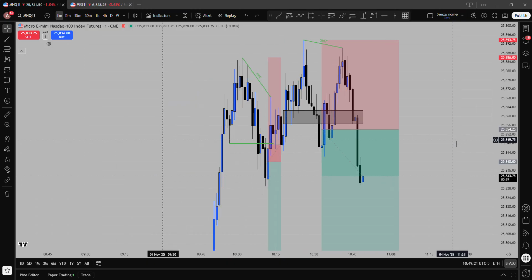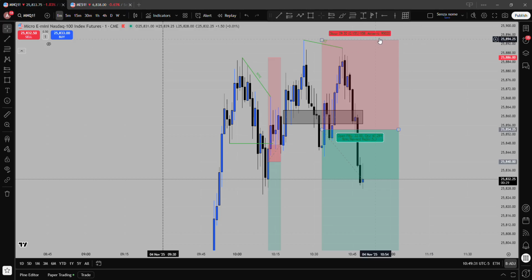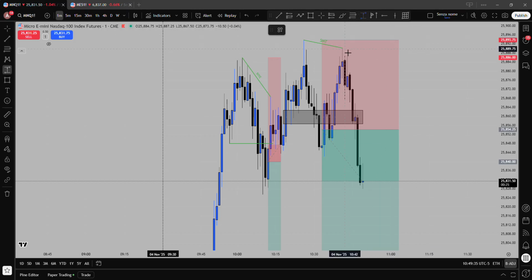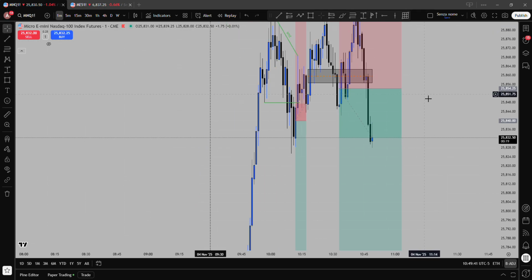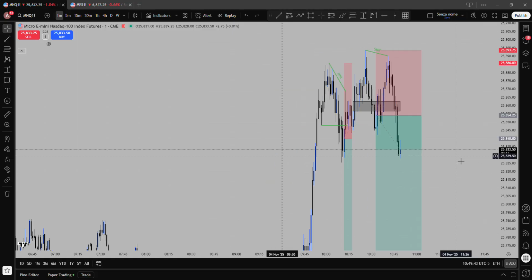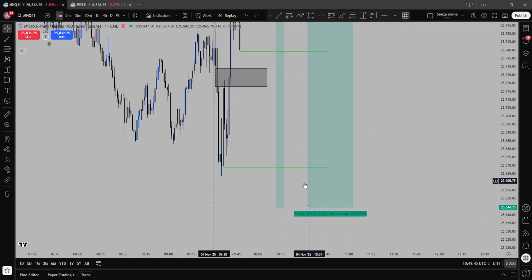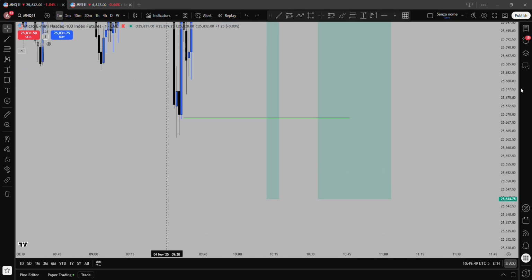Then, if we end up doing something good in this trade, this will be massive, because we basically edged our stop loss around here for basically, this was 3.5 points. It will be crazy if we end up sweeping all the way here to full TP.